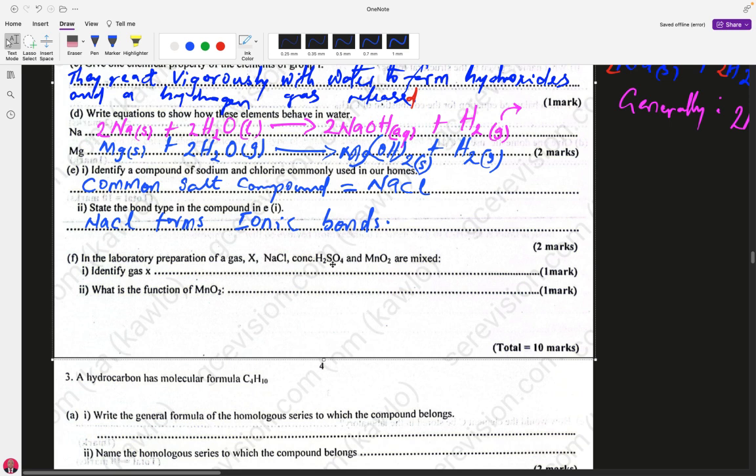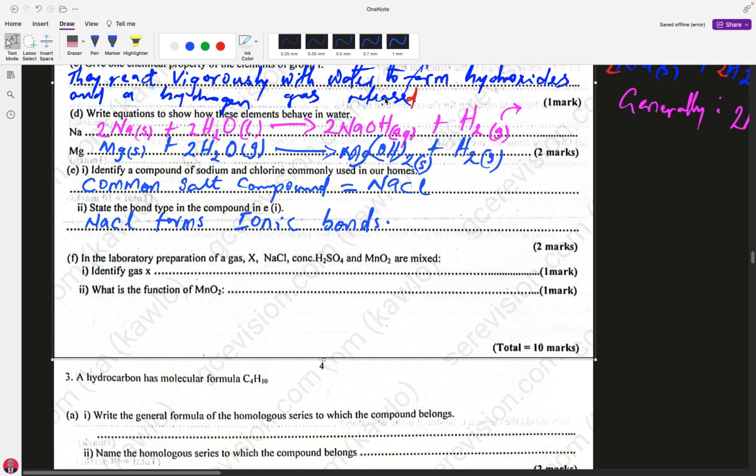So, how does it happen? Identify the gas X that is being collected. The gas X that is being collected, as I have said, I will show you in the equation that I'm going to write. It is the chlorine gas that is being produced.